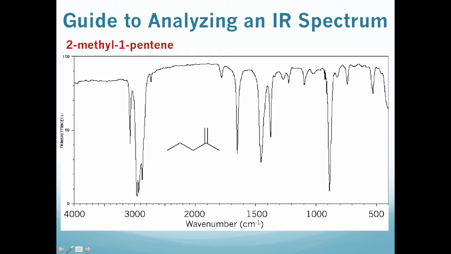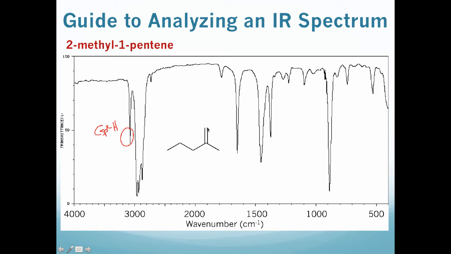So the first one that we're going to look at is just this alkene compound. First, we're going to look up here in the 3000 region, and we have a signal just above 3000 wave numbers. Remember, that is C sp2 hydrogen stretches.